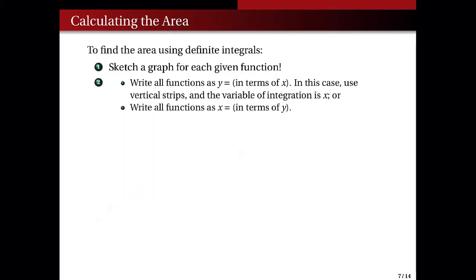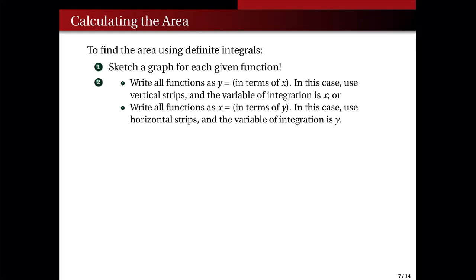Another possibility, you can write all the functions as x in terms of y. So you isolate x on one side of the equation, and then you write everything on the right side. That will include the constants and the y's, etc. And in this case, your approximating rectangles are horizontal.